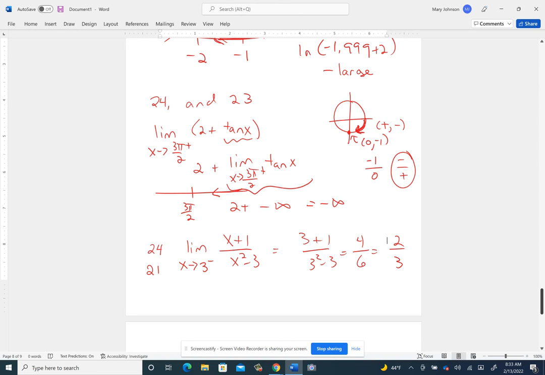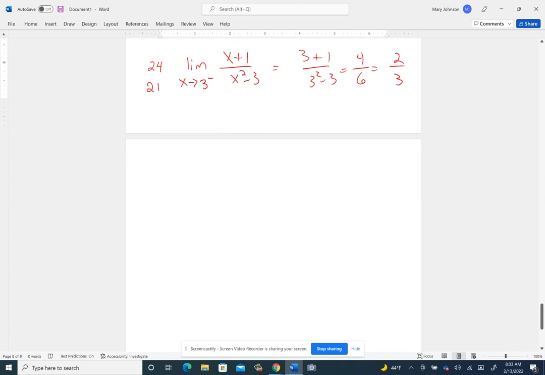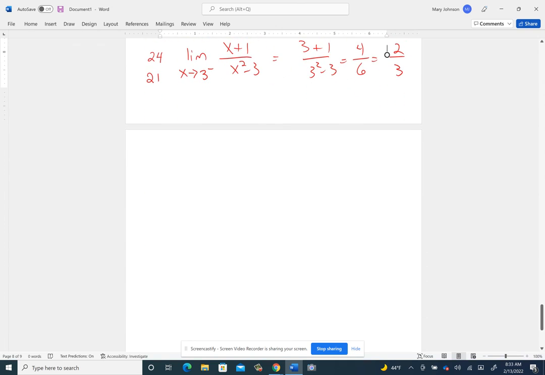All right, let me see if there's any others. Oh, and then one last one of that kind had 3 functions, 3 terms. This was 22 on one of the tests. You were looking for the limit as x approached 0, and on this one it was from the left, and you had these. Okay.